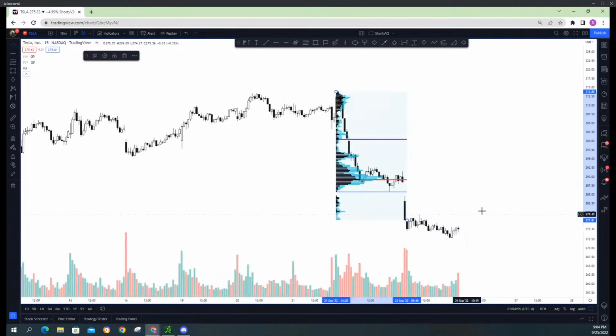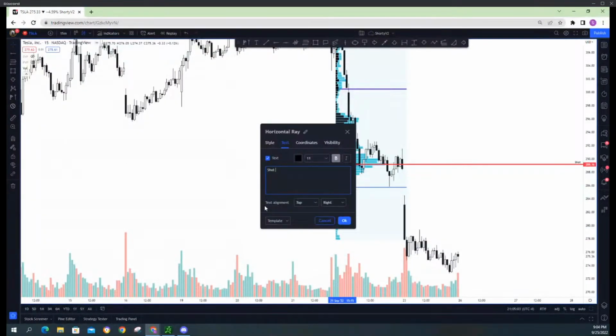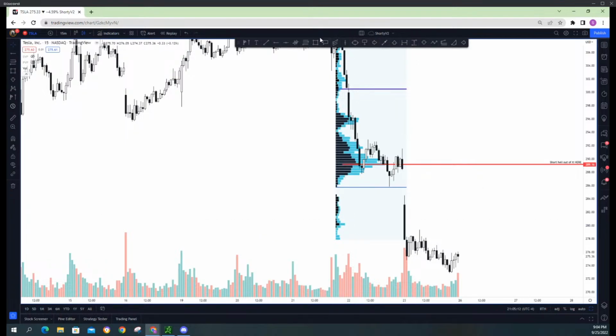Respectful. And this is where we're looking at Tesla. If there's any good news on Tesla, hopefully they announce something. Short the hell out of that. I like how it gapped past the value area low. Nice. This would be our short level, right here. This is your patient short.